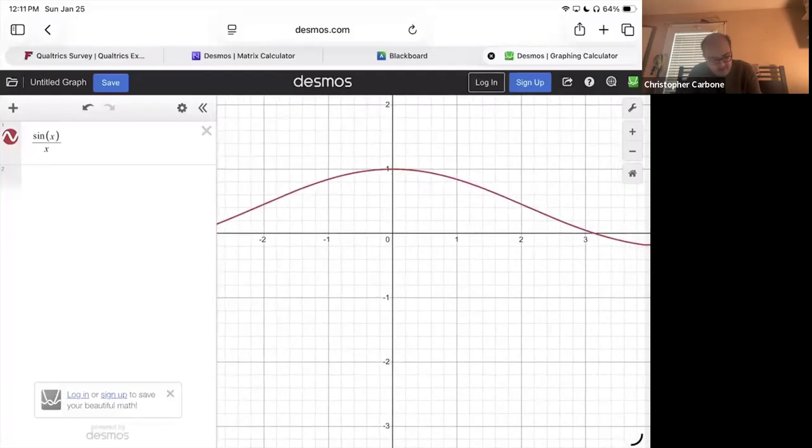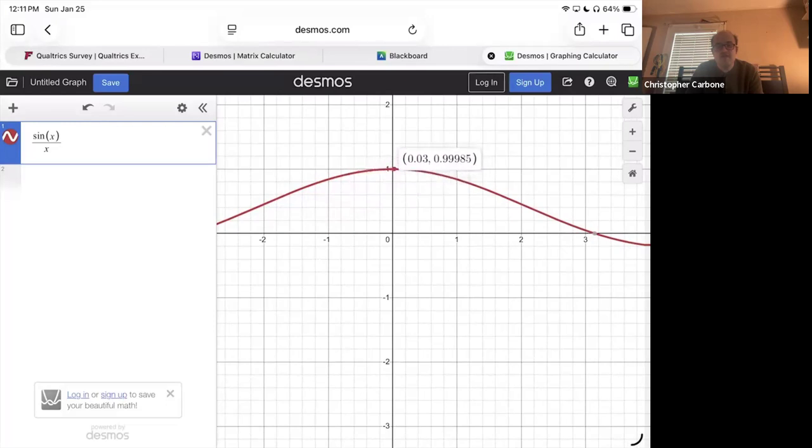And we could see near 0, it's approaching a value of 1, just based upon the way the graph looks. We could look at it from the left-hand side, and I can move this point closer and closer to 0. And you could see the approximation getting closer and closer to 1.